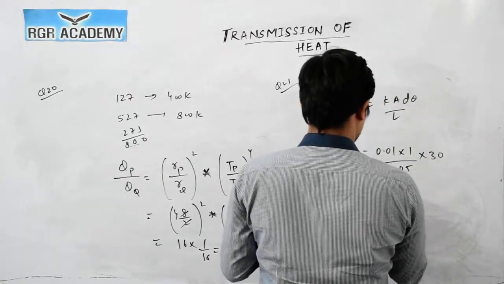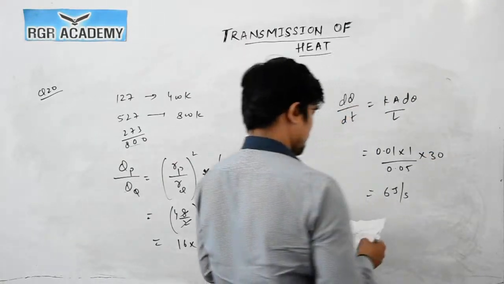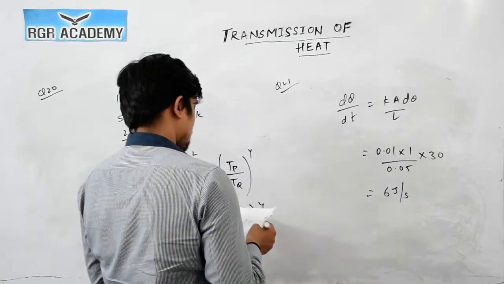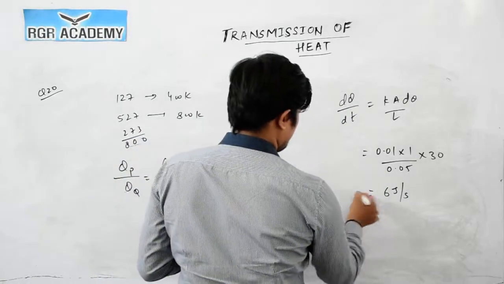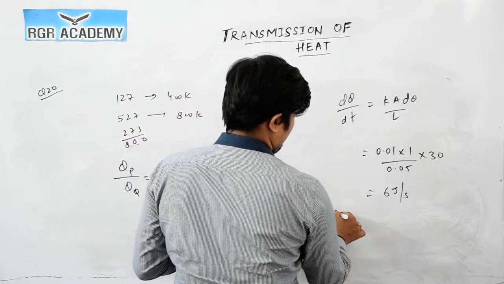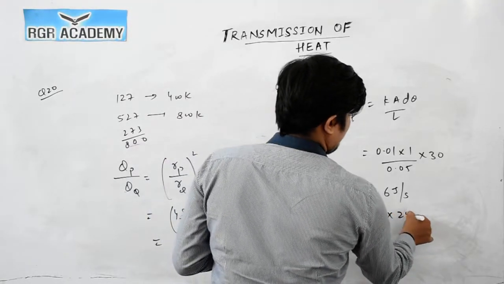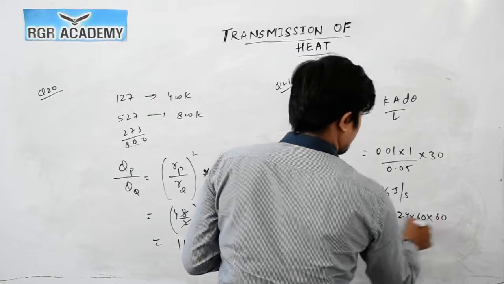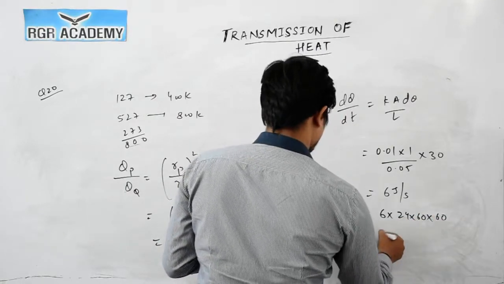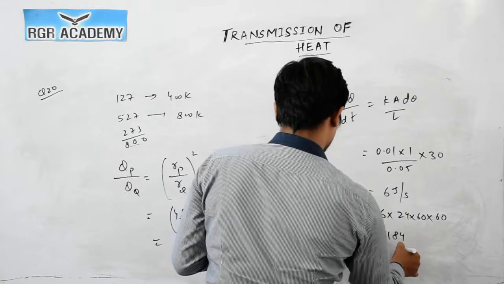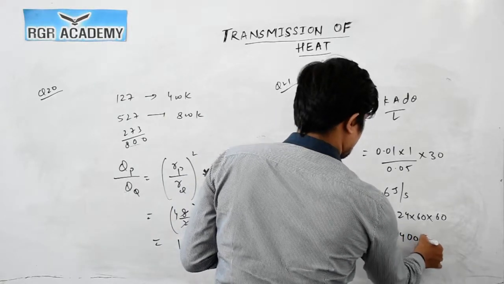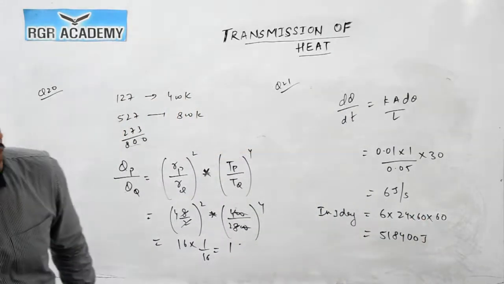So that is equal to 6 joules per second we got. So in 1 day, it will be equal to 6 into 24 into 60 into 60, so that is equal to 518400 joules.